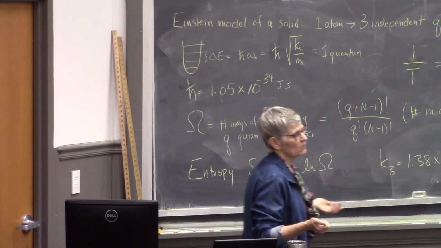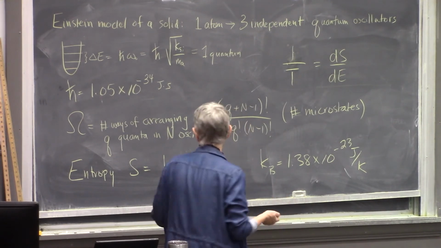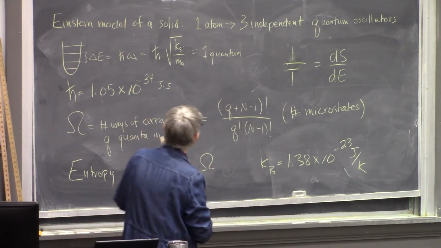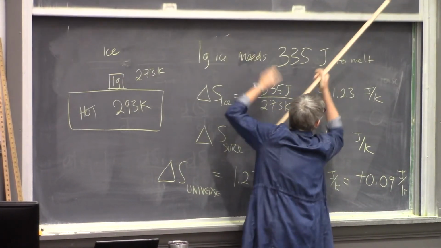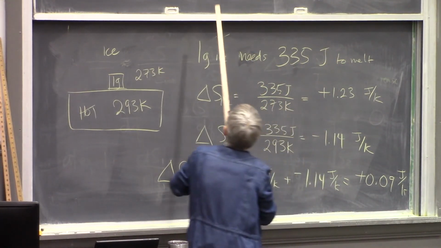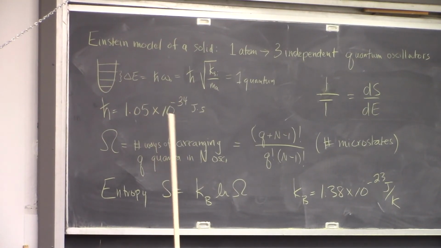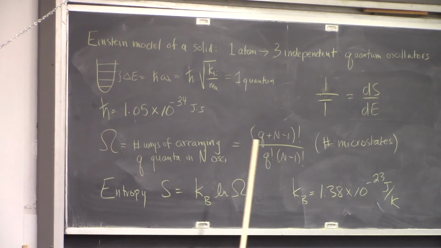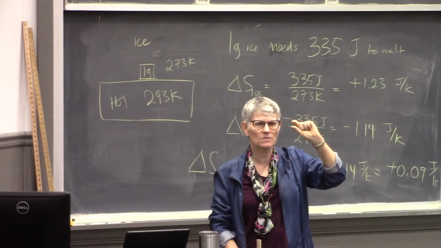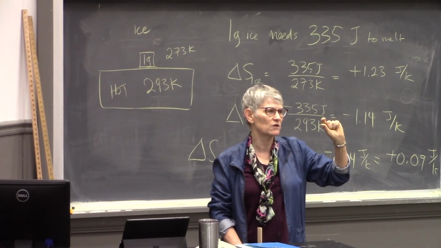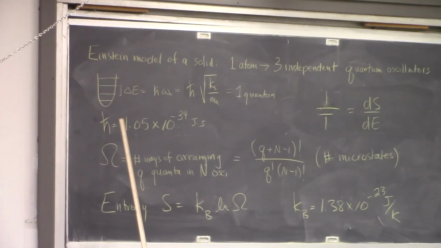So this is actually something we could predict. And the chain kind of goes like this. For some substance, like copper or aluminum or something, if we know the mass of an atom and we've determined the interatomic spring stiffness by measuring Young's modulus, then we know the energy of one quantum.